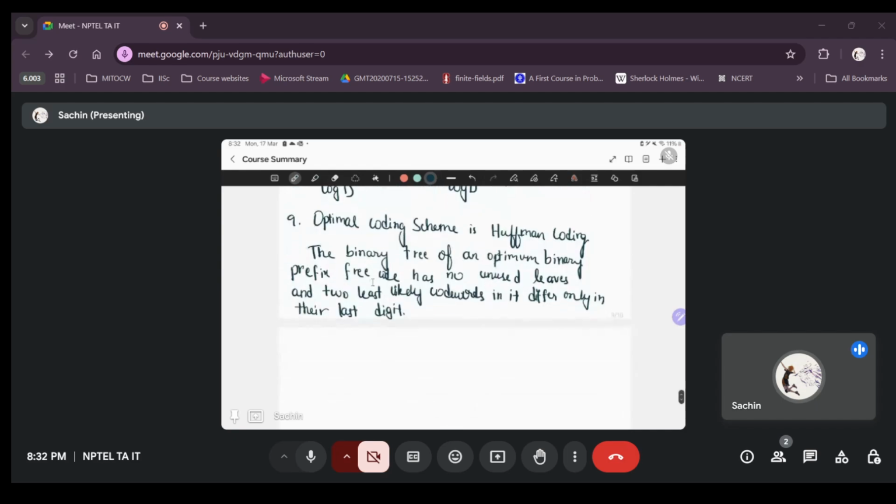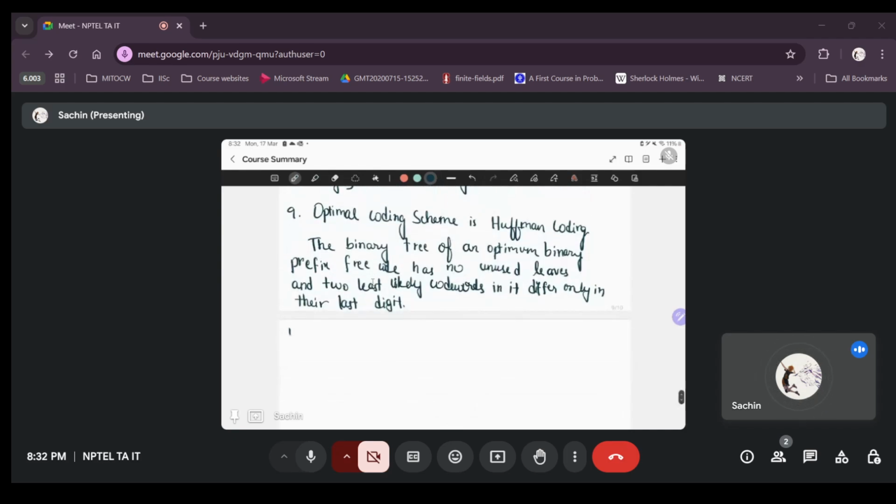Next, this is a recap of the results for coding a single random variable, for coding an information source.